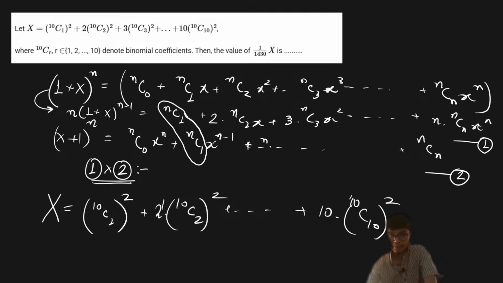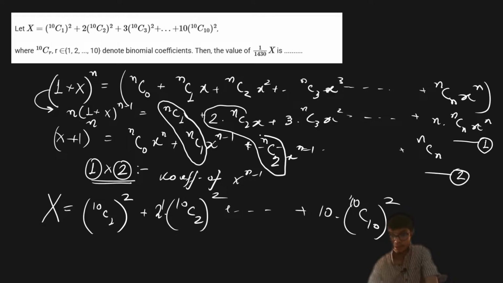Similarly for the other terms. So if I multiply this and find the coefficient of x^(n-1), I am able to generate the required summation.